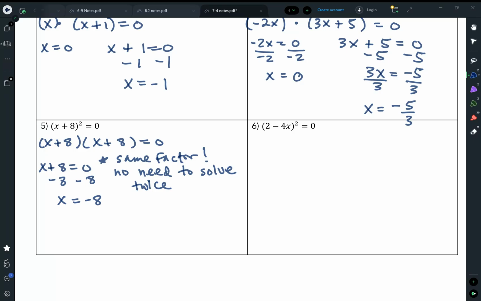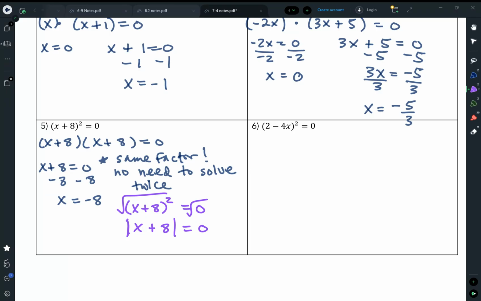I know that some of you, though, are probably also thinking, hey, that's a squared quantity. So a different way to solve this would be to say, well, x plus 8 squared is equal to 0. So I want to square root both sides. Square and a root means I have an absolute value of x plus 8 is equal to 0. And so normally I would say x plus 8 is a positive or a negative, but 0 is just 0.